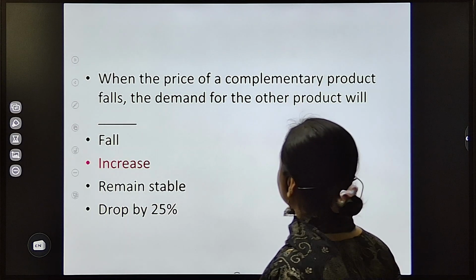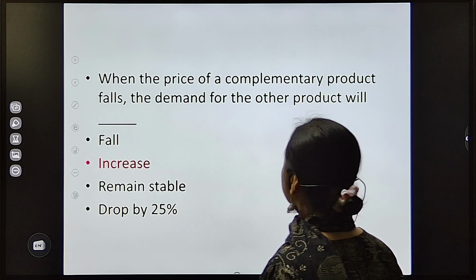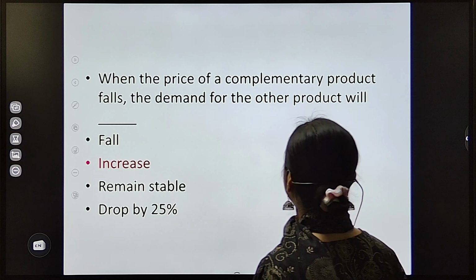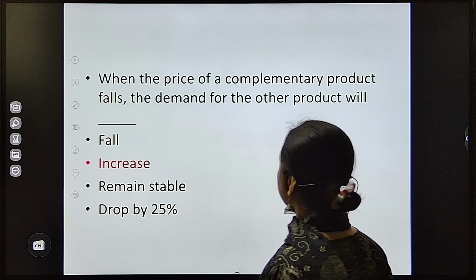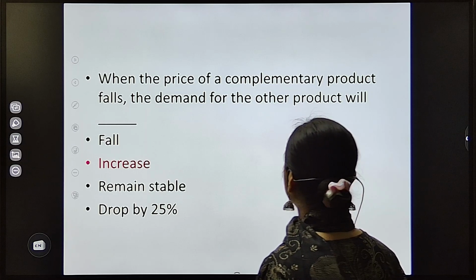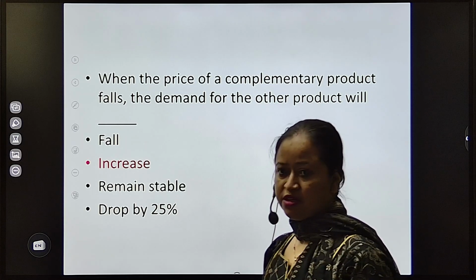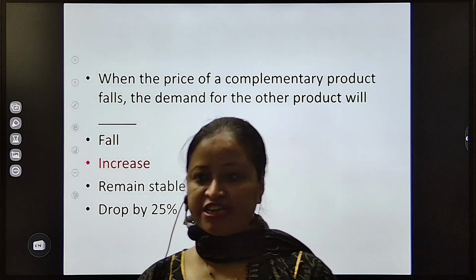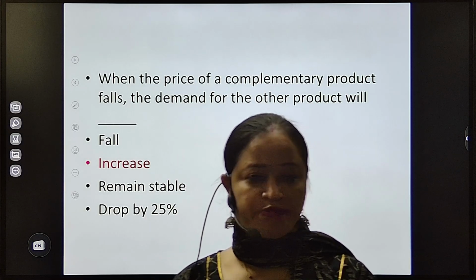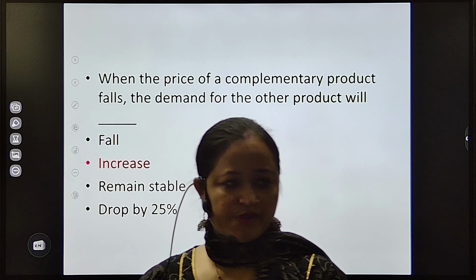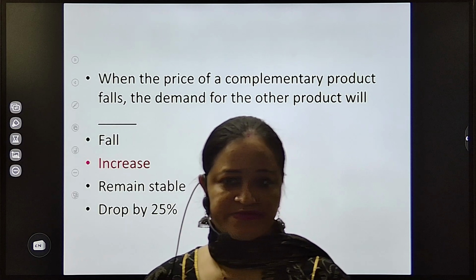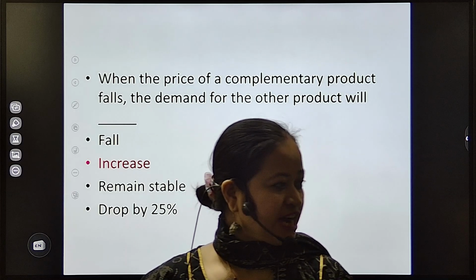When the price of a complementary product falls, the demand for the other product will... Complementary product. Can you give me one example of a complementary product? Car and petrol.